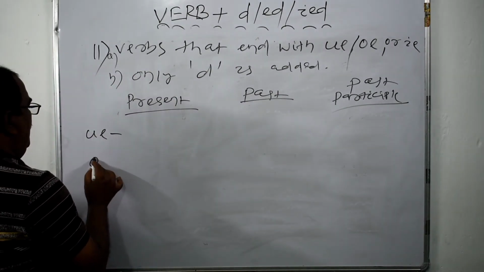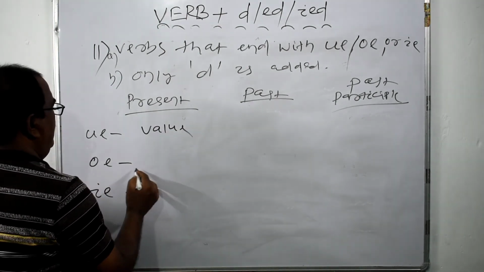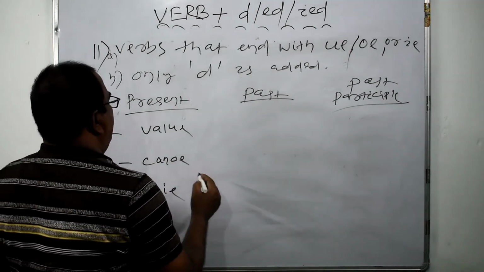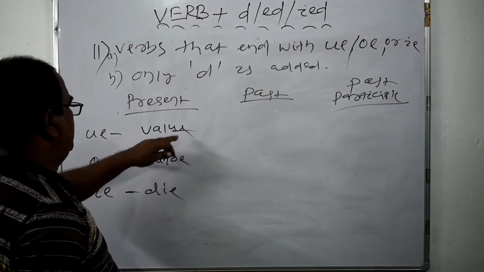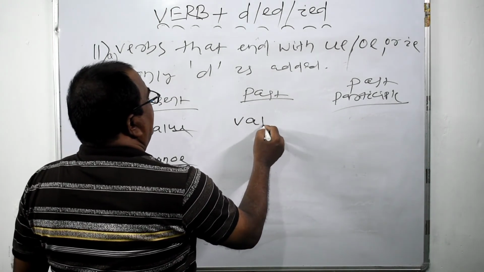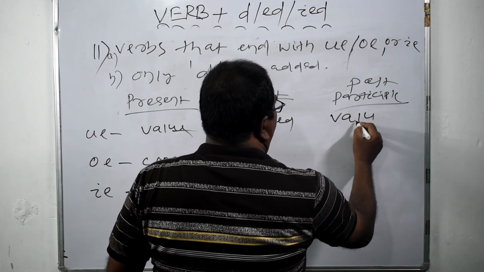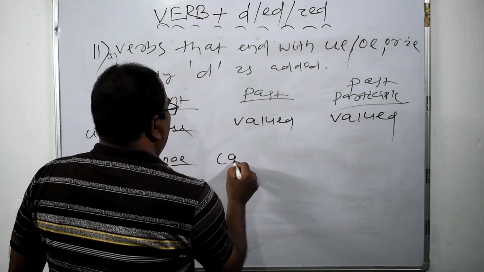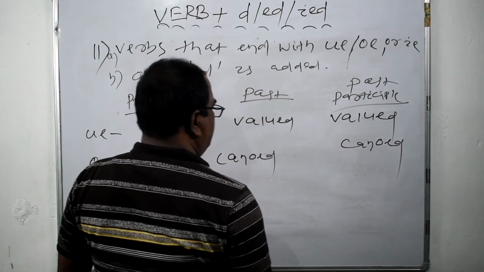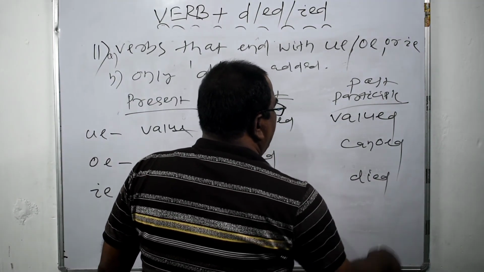UE, OE, IE. Value, canoe, die. Look at the verbs that end with ue, oe, ie. Therefore, only d is added. Valued, to make it past and past participle. Canoed. Die, died.